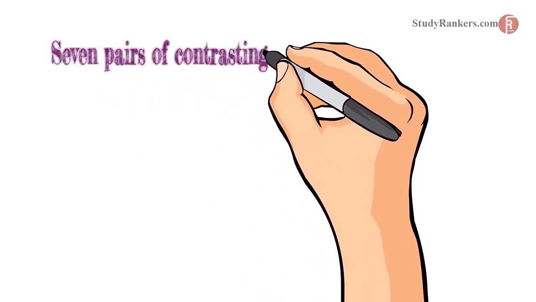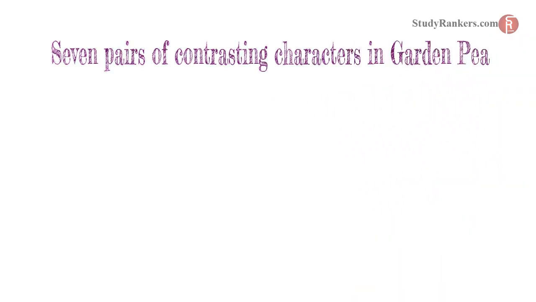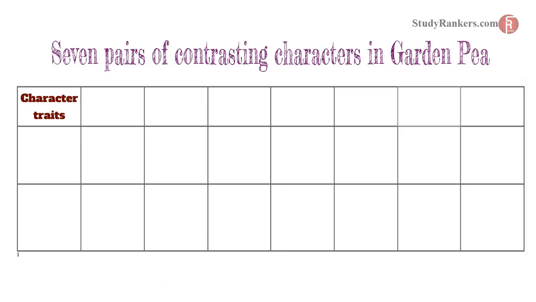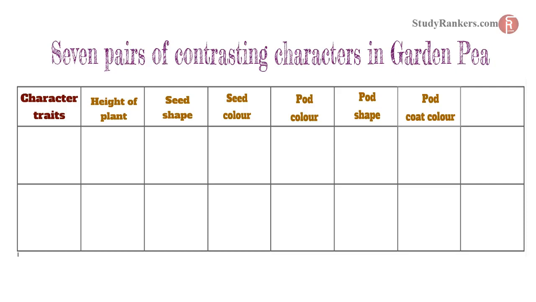Lastly, we will talk about 7 pairs of contrasting characters in garden pea. The contrasting character traits are height of plant, seed shape, seed color, pod shape, pod coat color, and flower position.